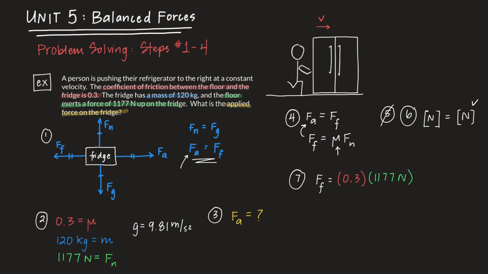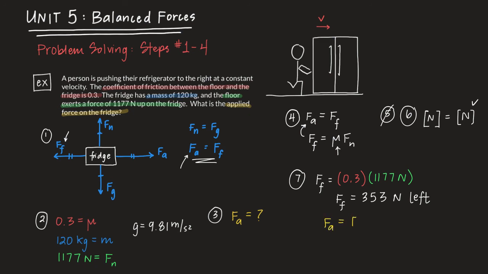When I plug that into my calculator, I will find that the force of friction is equal to 353 newtons. I did round a little bit there. Remember, forces are vectors, so we have to include the direction. The force of friction is pointing to the left in my free body diagram. So I'm going to write that the force of friction is equal to 353 newtons left.